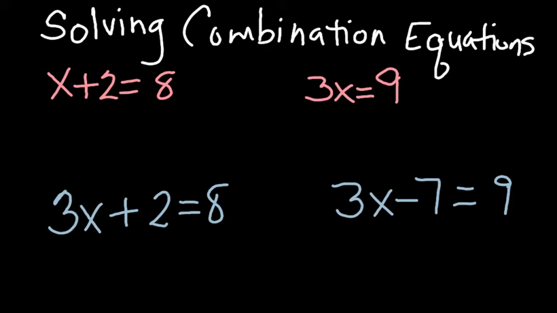It doesn't just have x plus 2, it has something times x plus 2. This is also a combination equation. It doesn't have just 3x equals something, it has 3x minus 7. So there's extra stuff, so there's going to be more steps. That's why the process is so important.